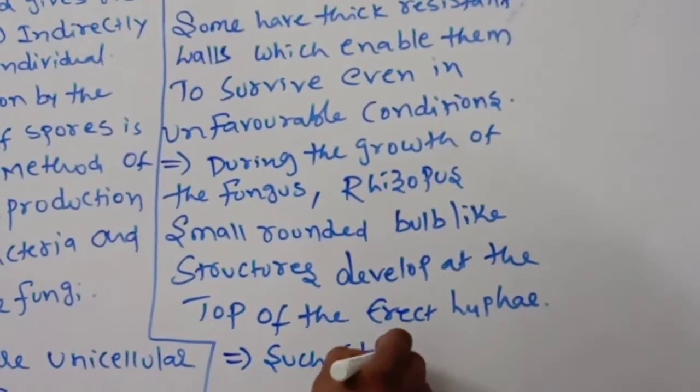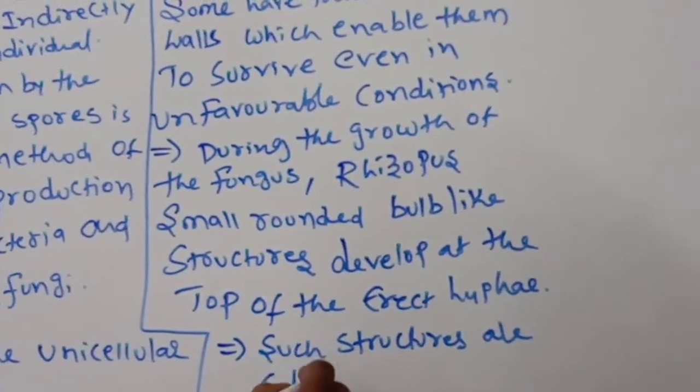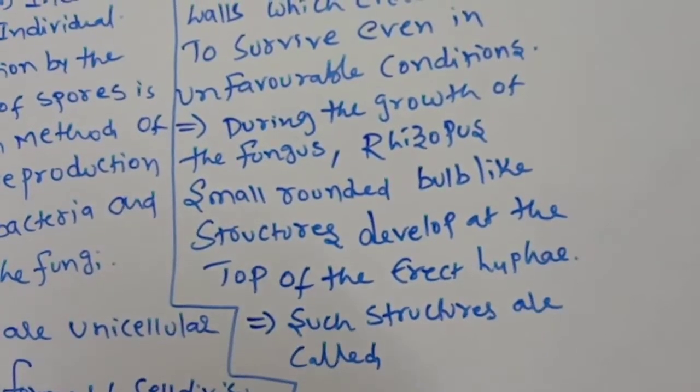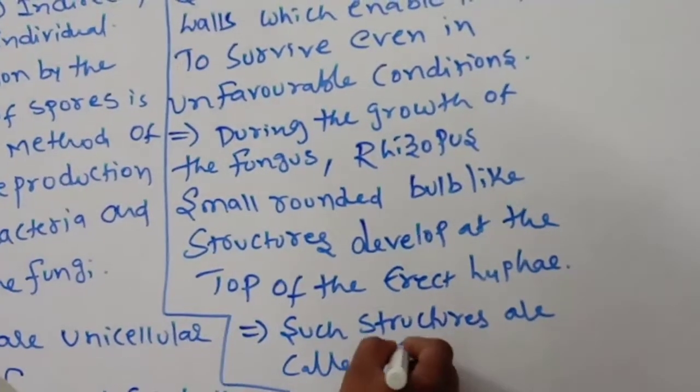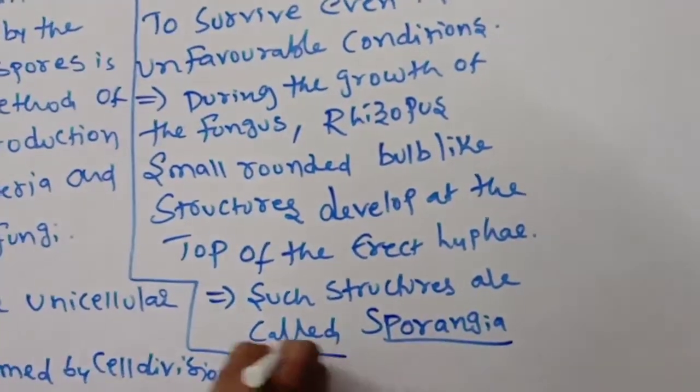Such structures are called, very very important, sporangia.